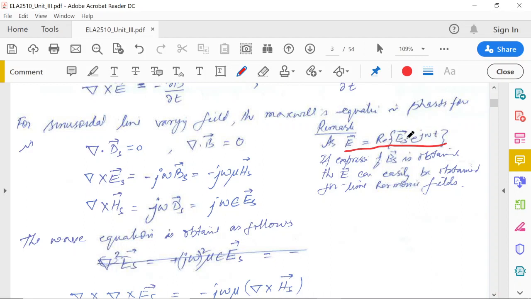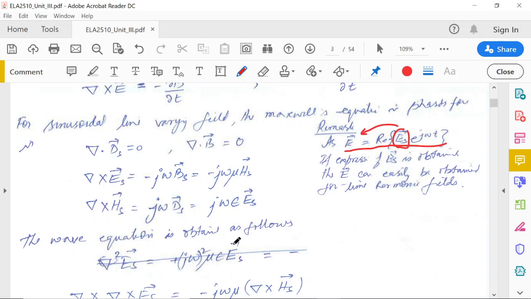This is the time part, and Es is called the phasor form of this field. This phasor form is independent of time. It is a function of the spatial coordinates only, that is x, y, and z. We have split off the time part, so the phasor form is a function only of the spatial coordinates.